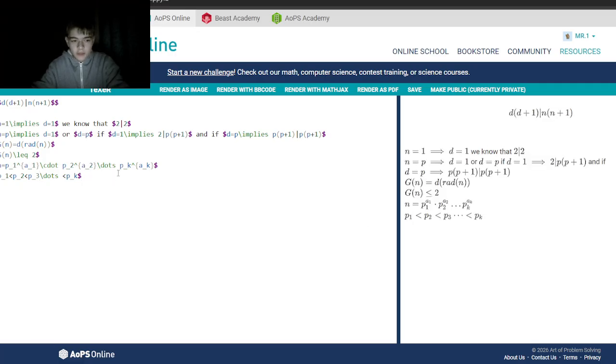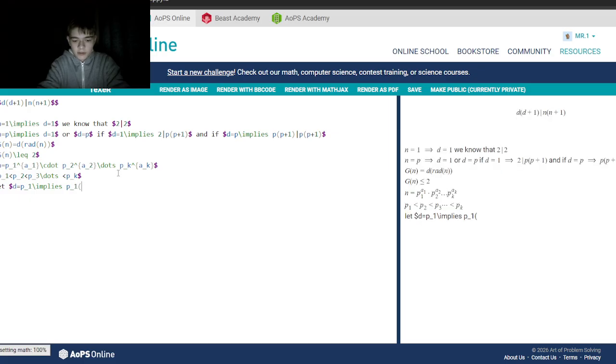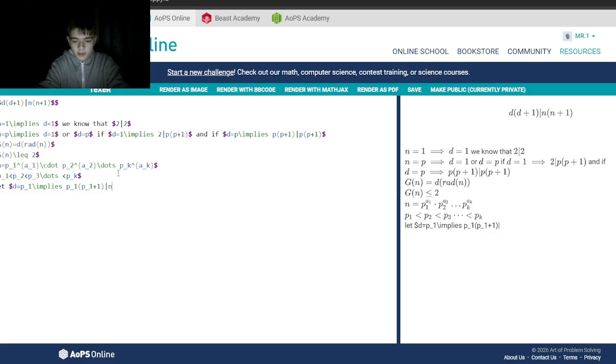Okay, so we know that p1 is the smallest divisor of n. So let d equal to p1. This implies that p1 times p1 plus 1 divides n times n plus 1. Okay, and we also know that, actually let d equal to this number.